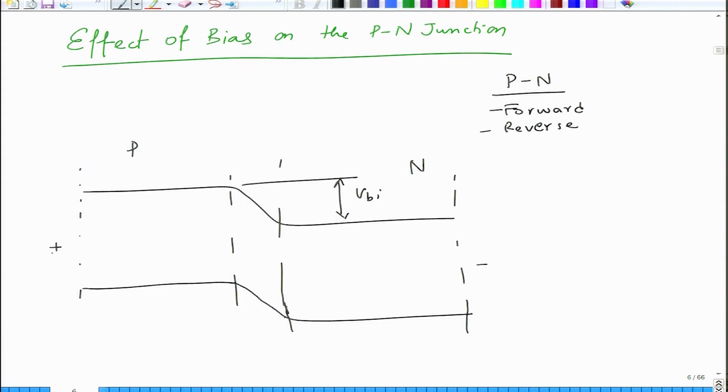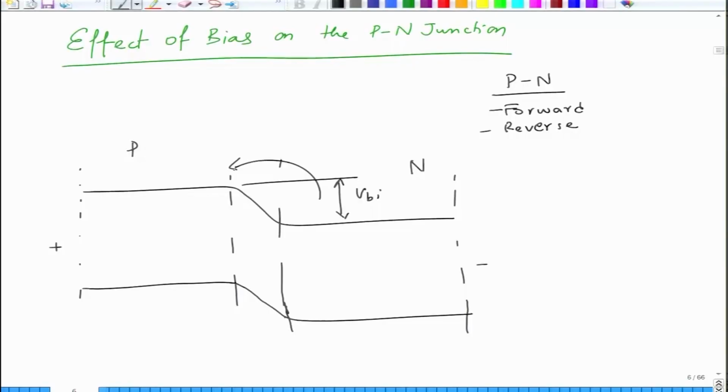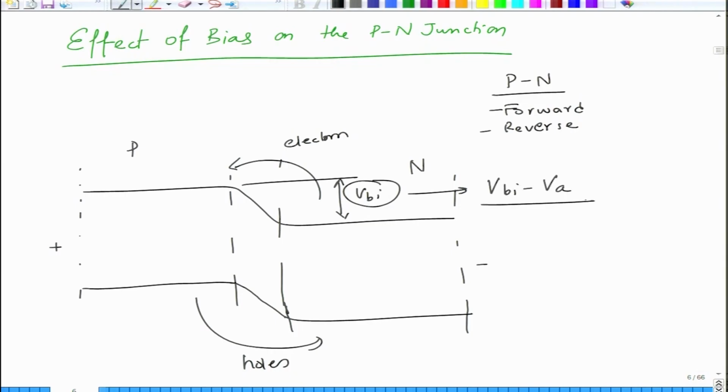Similarly, when you positively bias the P side, the holes from the P side will be repelled and forced to go towards the junction, to the N side. So you have electron migration from here to here, and holes migrating from here to here. What essentially it means is that the energy barrier on this side is lowered. So when you apply a positive bias, the energy barrier gets modified to VBI minus VA. This is forward bias.